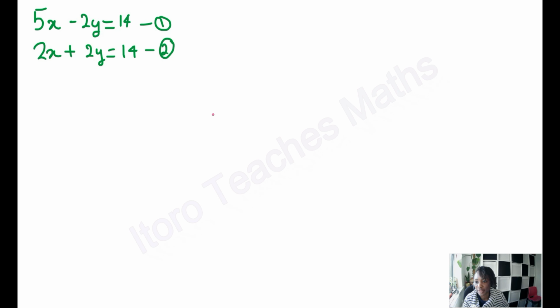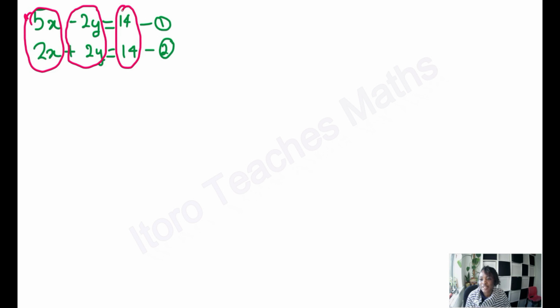What I mean by that is we are going to be looking at this pair of numbers together, this 5x and 2x, because they're both x's. We're going to be looking at this minus 2y and plus 2y together, because they are both coefficients of y. And then we're going to be looking at these together.